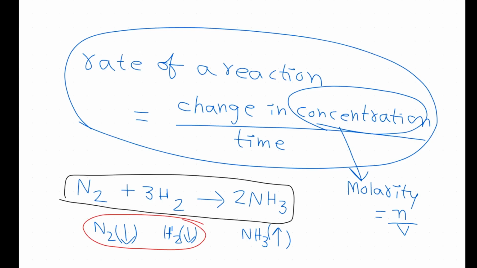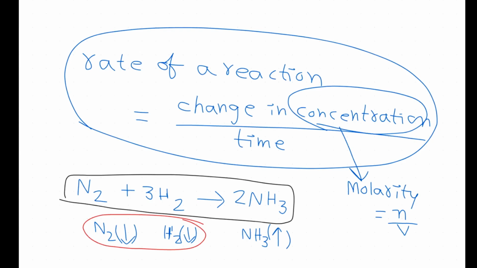Clear or not? For the reaction, which one should you take in more quantity, N2 or H2? If you take 10 moles of N2, you should take 30 moles of H2. If you take 5 molecules of N2, you should take 15 molecules of H2, then only the reaction happens.